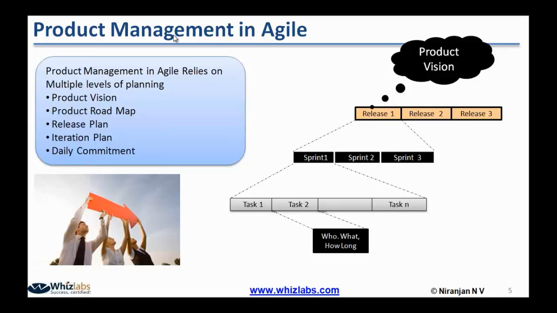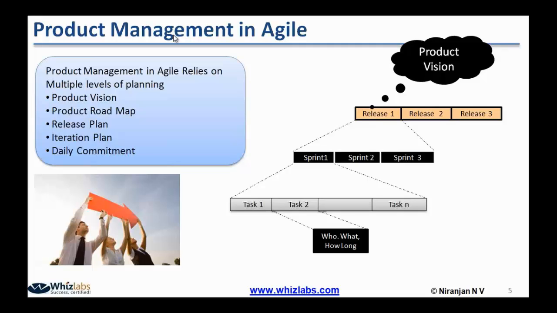What I'm trying to say in this slide is that there has to be proper connection from the product vision to the daily tasks that team members do. If that is not happening, then there will be a mismatch, and automatically the chance of meeting the product vision will be less.